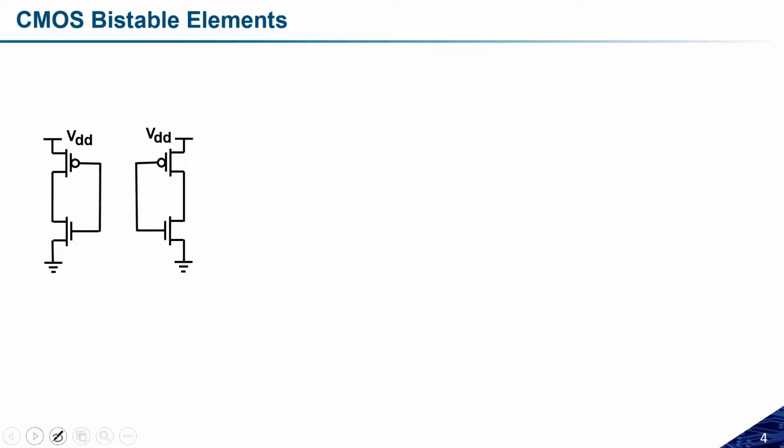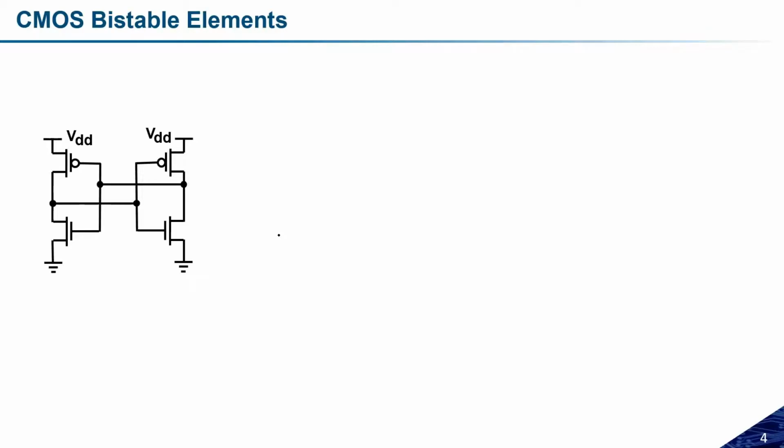So here I have connected the output of this inverter with the input of this inverter, and the input of this one is connected to the output of this one. If we are able to connect like this, then we can call it the CMOS based bistable circuit.